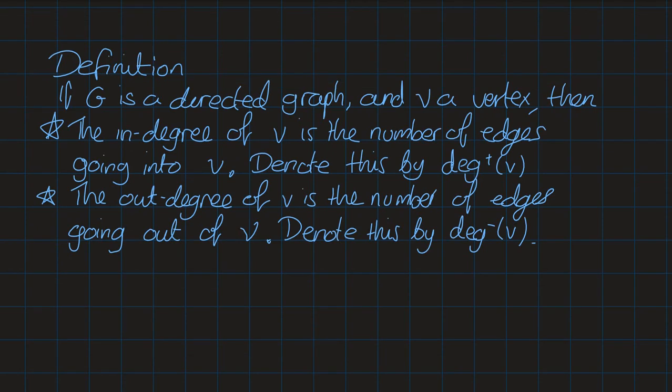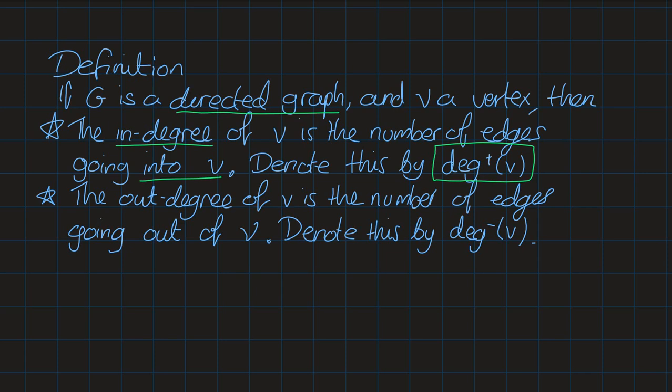So unlike the degree for an undirected graph, when you're talking about directed graphs there are two different types of degree. Okay? So if G is a directed graph and V is a vertex, then we have the in degree, which counts how many edges go into V, and we denote it by deg plus V. So there's a plus in the superscript.